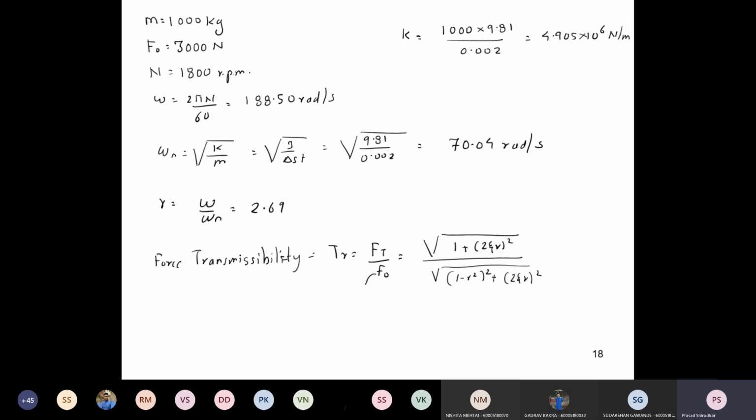So F0 is 3000 and r is 2.69. So calculate Ft.